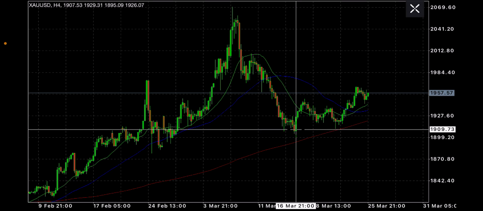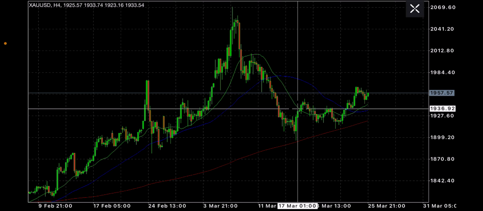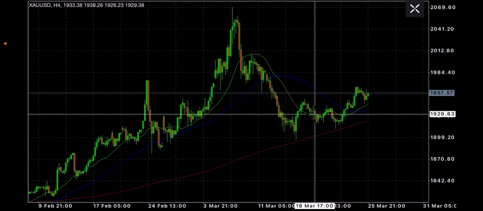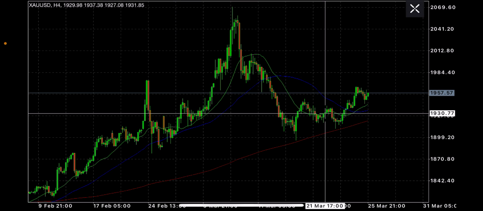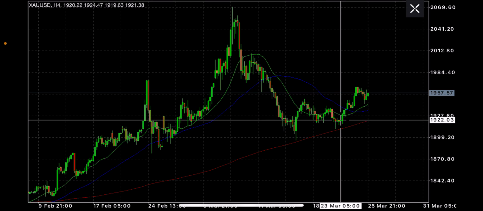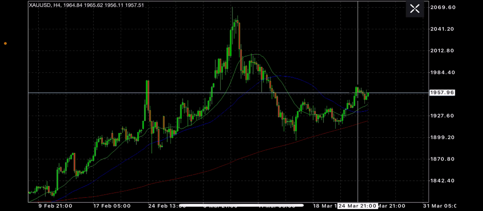Okay, and we started to pick up some price here. Then we started to go down here, and then we started to pick up price.